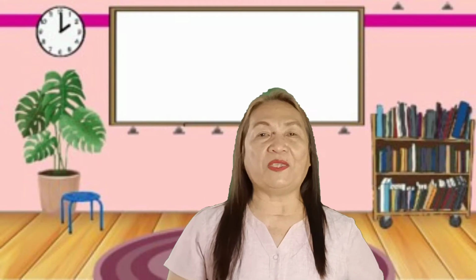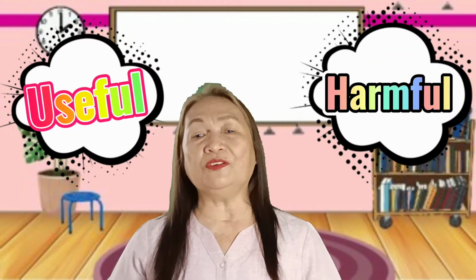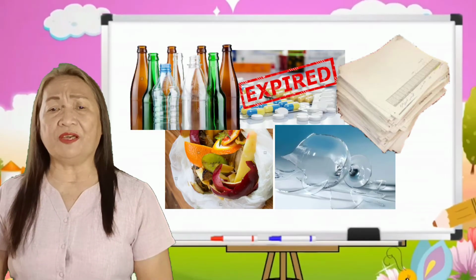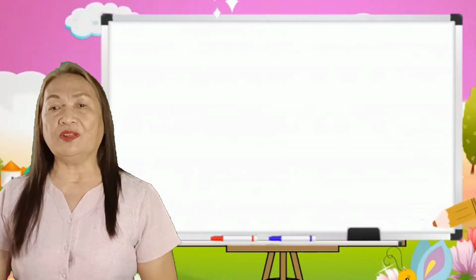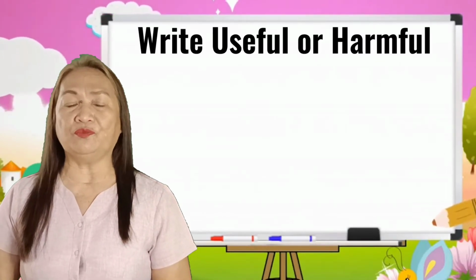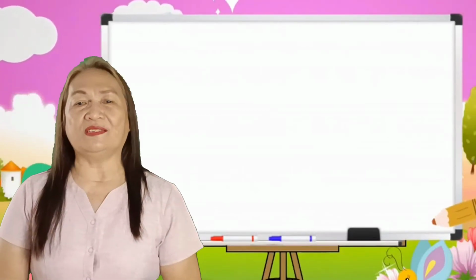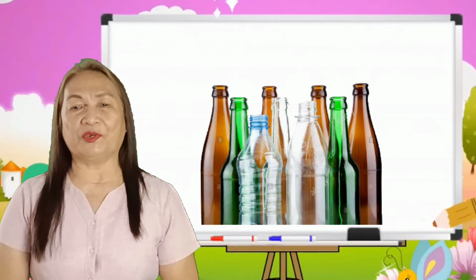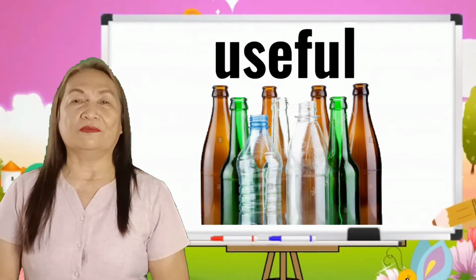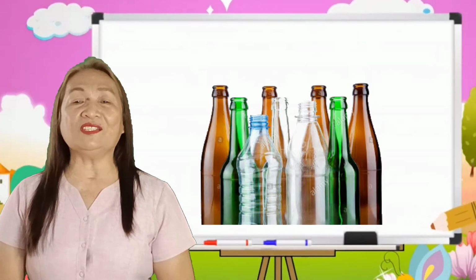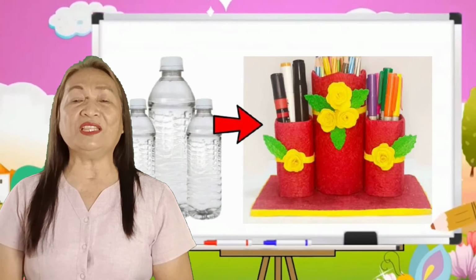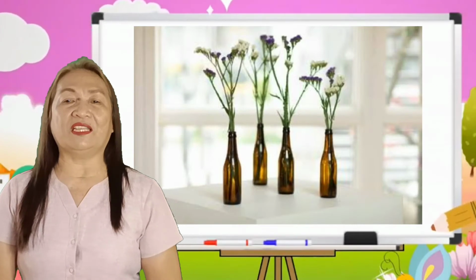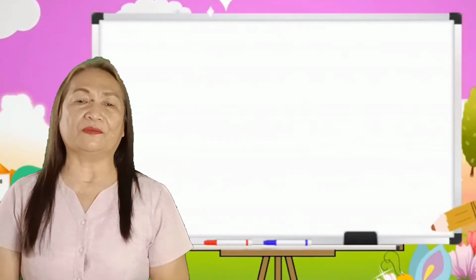Now, get a sheet of paper and write useful or harmful on the line before the number. Identify the following materials. Write useful or harmful in your notebook. Number 1. Empty bottles. The answer is useful. Very good. Empty bottles can be recycled into other materials like pen holders, flower vase, and can be reused for another container.